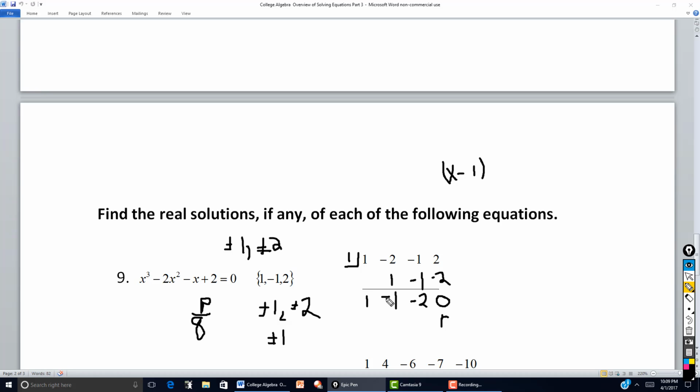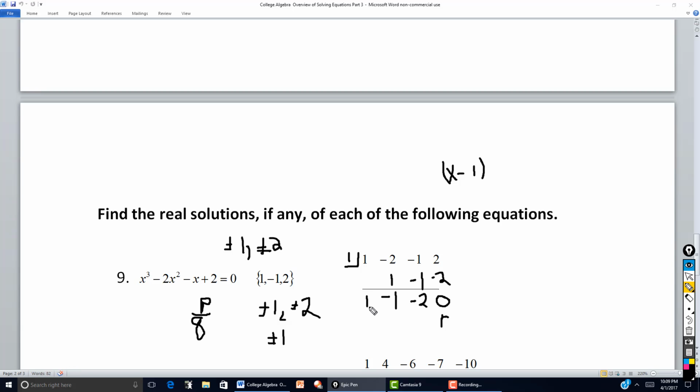And what do I have left here? This 1 represents the coefficient of x cubed, -2 the coefficient of x squared, -1 the coefficient of x, and 2 is your constant. Because we divided by a first degree factor, when I put this 1 here, we're actually dividing by x minus 1. So instead of an x cubed, this becomes an x squared.